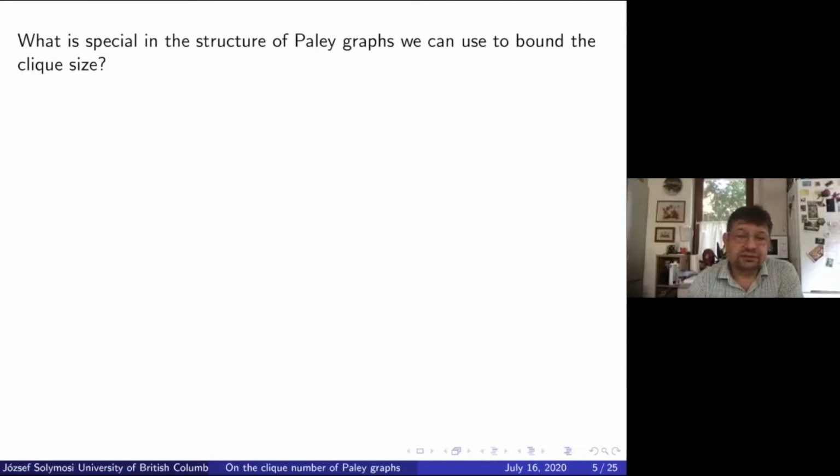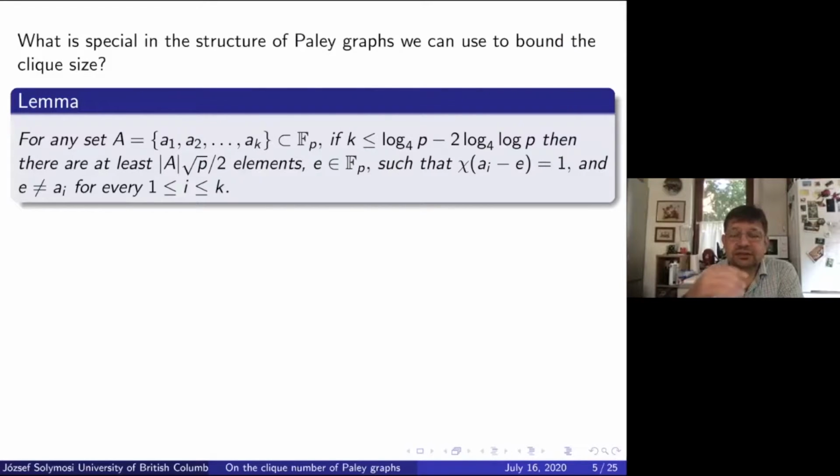So we want to use some kind of structure, special structure of Paley graph. So for that, let's see this lemma. It's relatively simple counting I came up with. If you have a very small set, in this case, small means about 4 p log, minus even a little more, then this is still a set which is not too large, and it still has many common neighbors.